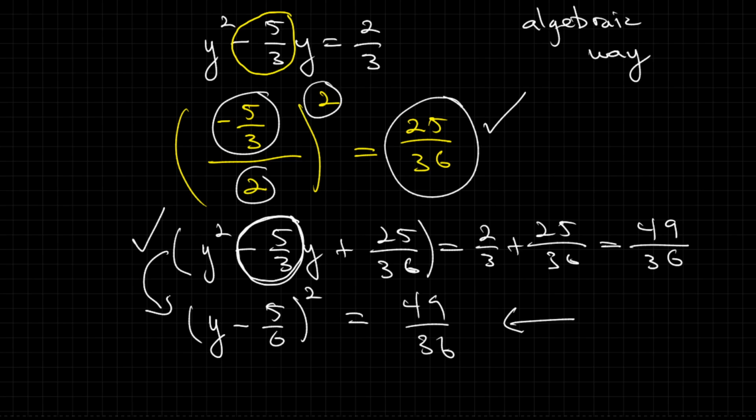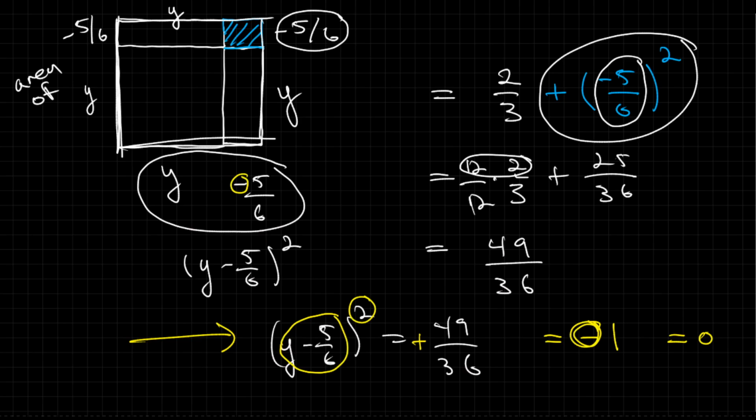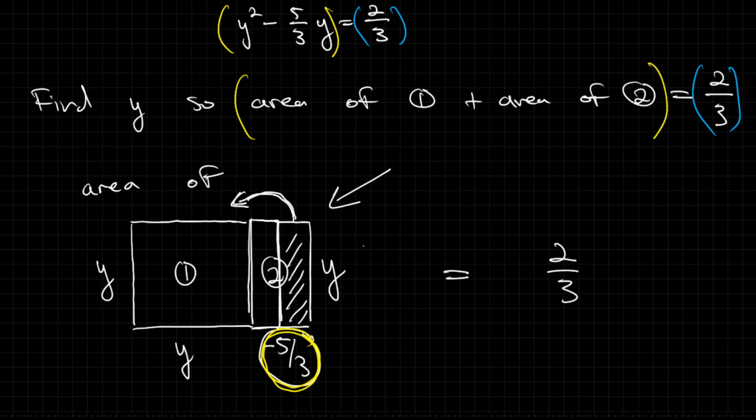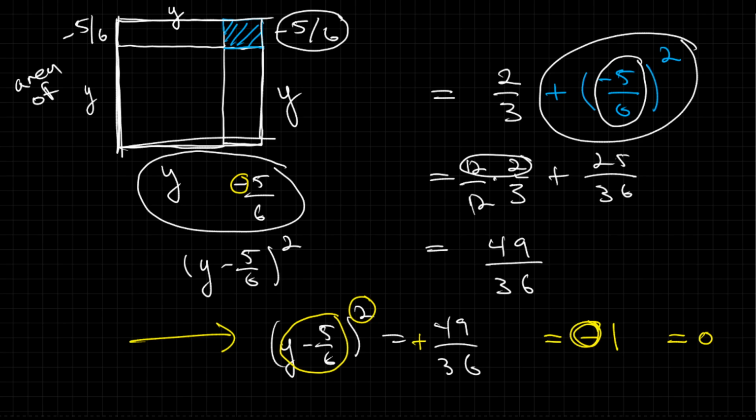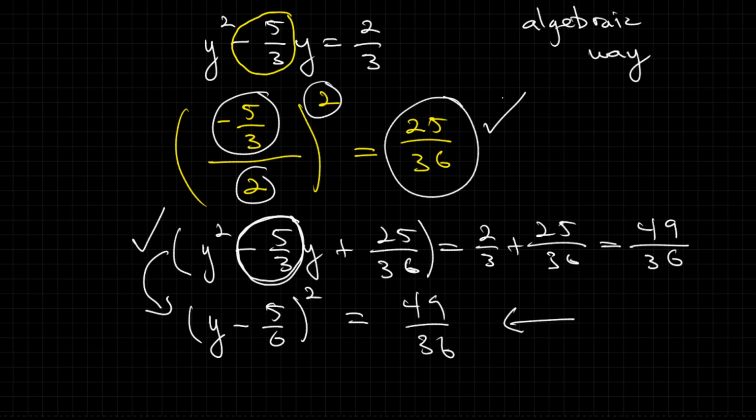Another reason why I like the geometric method better is I think it's just easier to remember. As long as you can remember how to make these shapes, these first and second shapes, then cutting in half and moving shapes around, I think, is easier than remembering to add this.